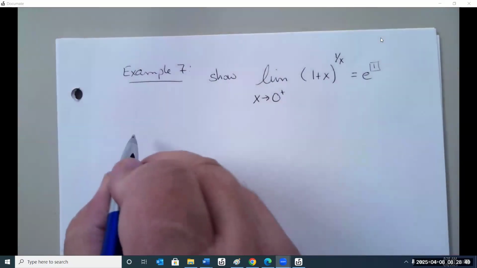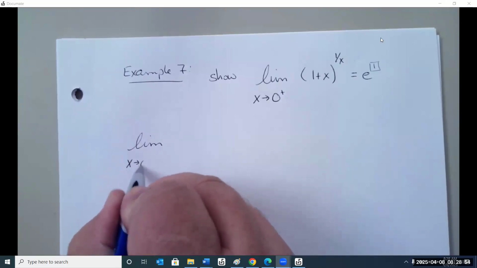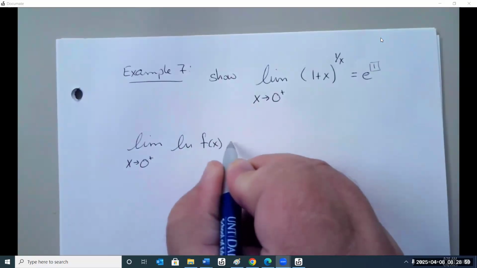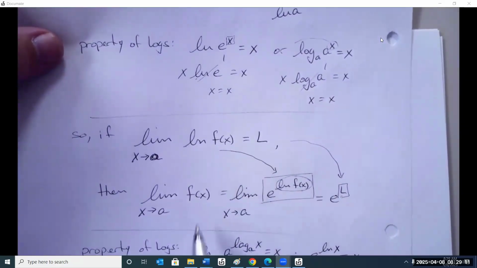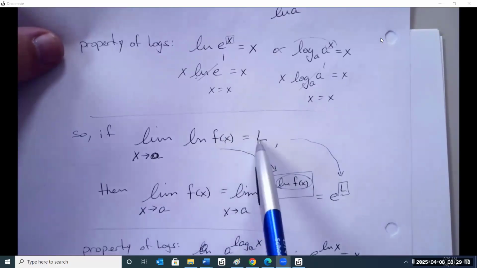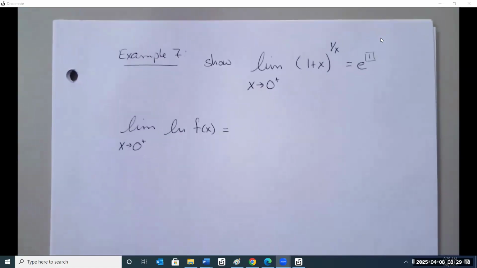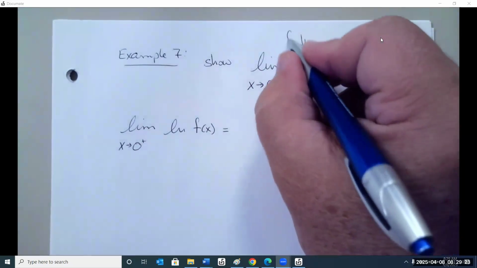How do we do that? So we take the limit as x approaches 0 of the ln of our function. And that's what we did here first. The limit of our function, we get a limit. And then once we find this, then we apply this. So what that equals, remember, this is our f of x.